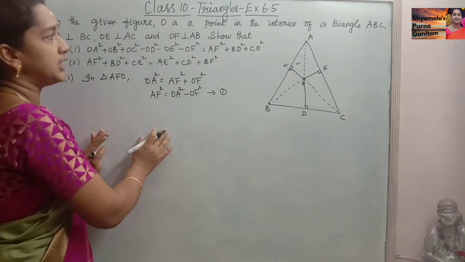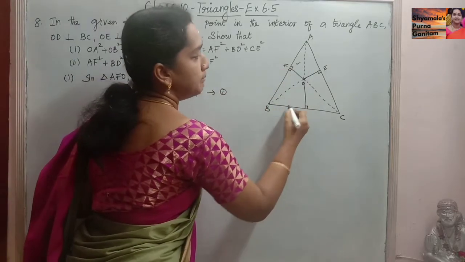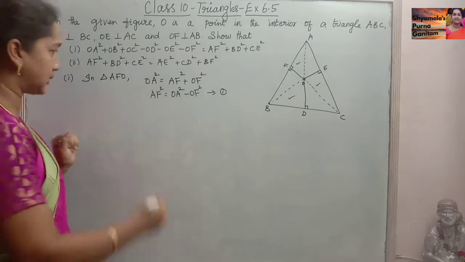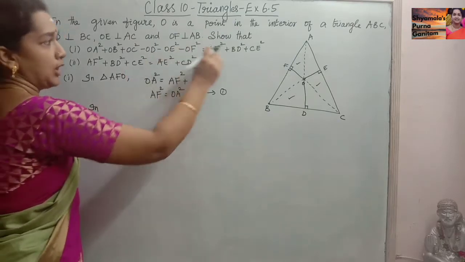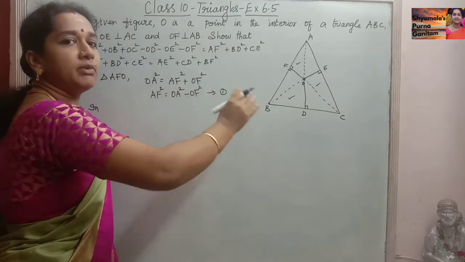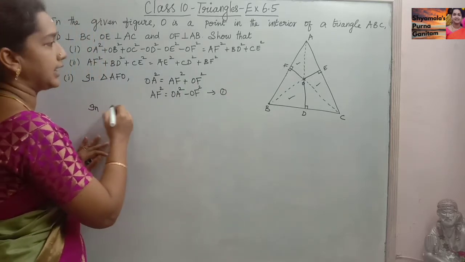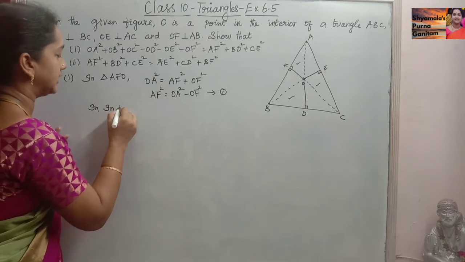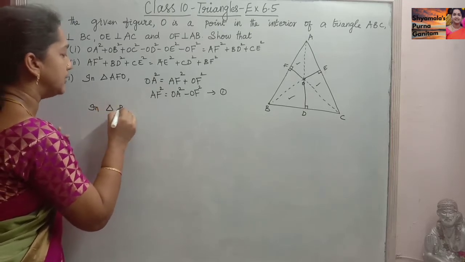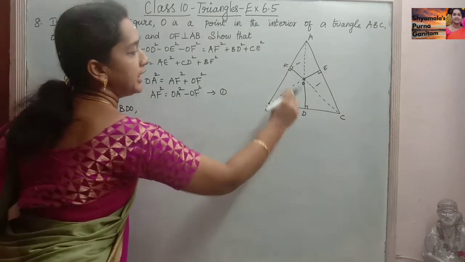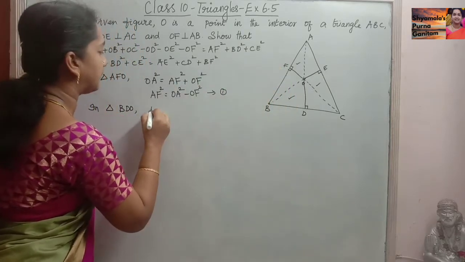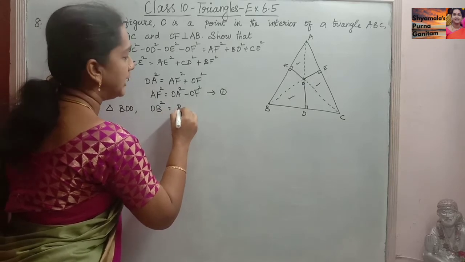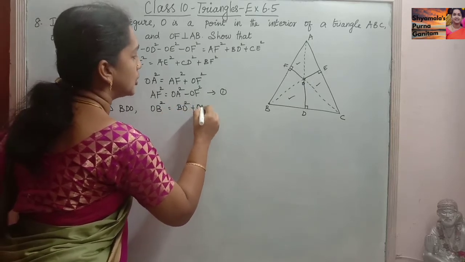The same procedure we will do for BD squared and CE squared. Next, in triangle BDO, OB is the hypotenuse. So OB squared is equal to BD squared plus OD squared.